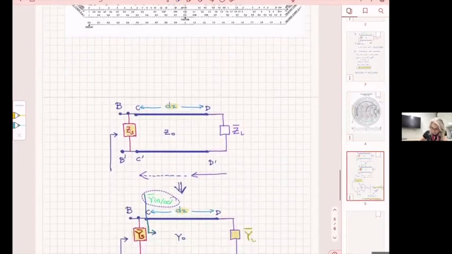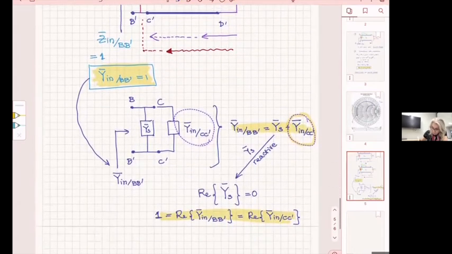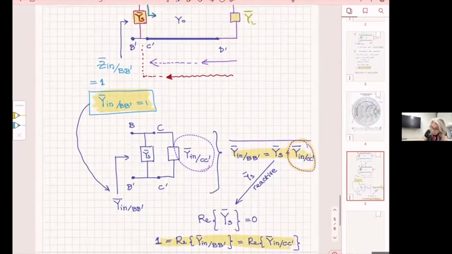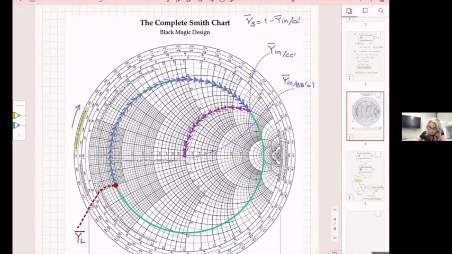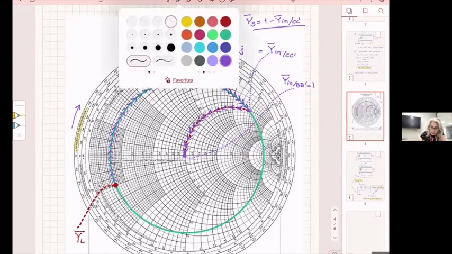Here it tells me, because of this one, remember this. So I will find it. In fact, I can read it immediately. How much is y input CC prime? This one, if I read it, is 1 plus j. And what is the j here?